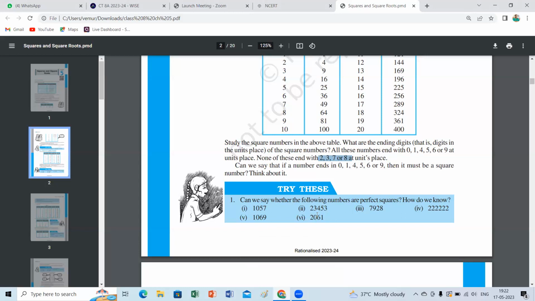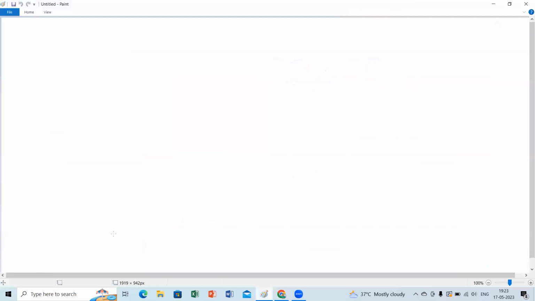Check with 41 square, children, once, or 49 square, because the number you have to see is 2061.